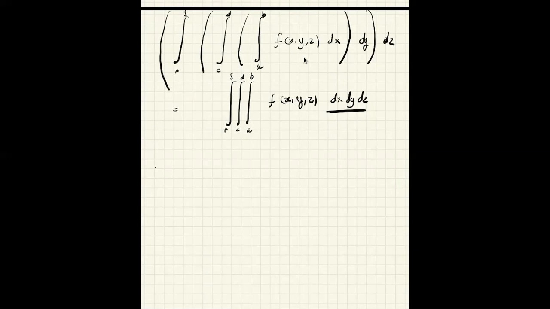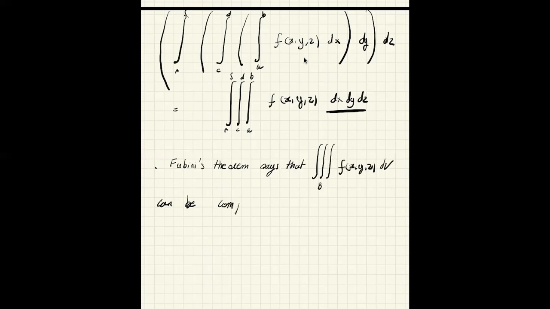Okay, so Fubini's theorem says that the integral over the box B of f(x,y,z) dV can be computed in 3 factorial different ways.